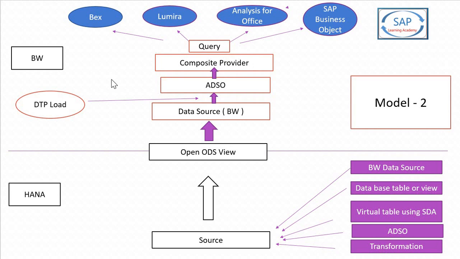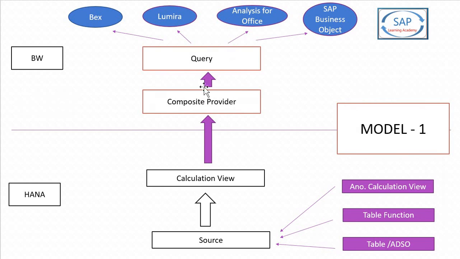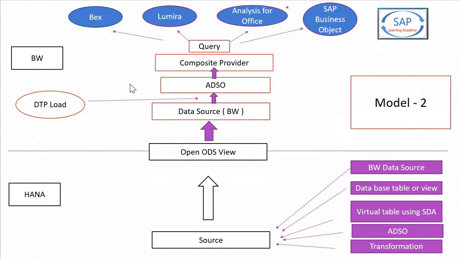Then again, just the same as the previous one, once you have created the composite provider, you can create the query, and from the query you can consume that report into the various front-end tools that you have. So that's the basic concept.